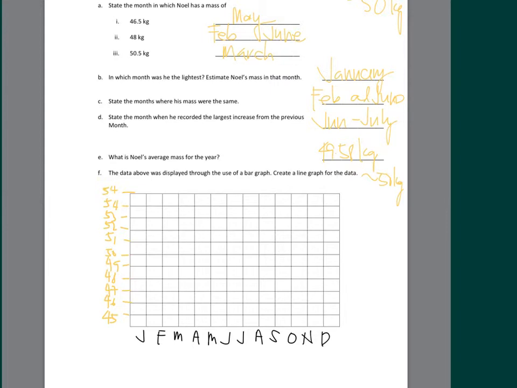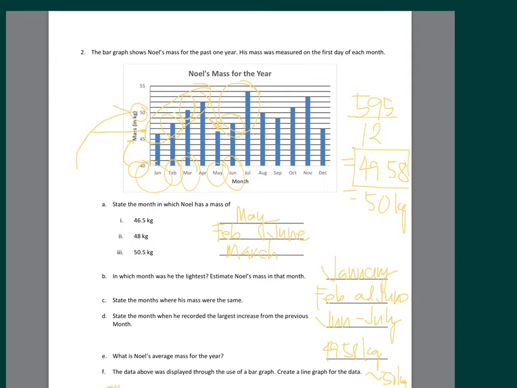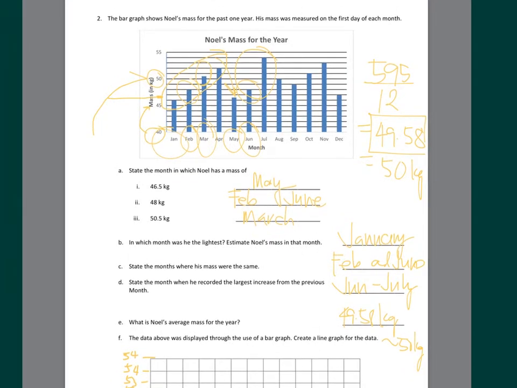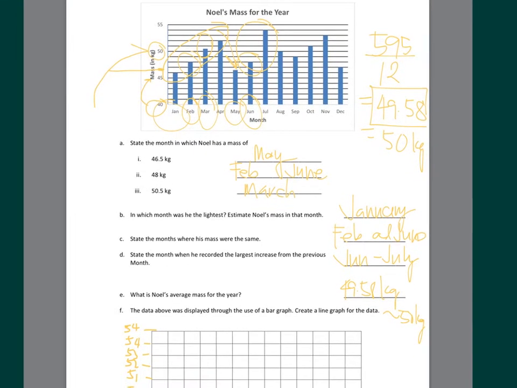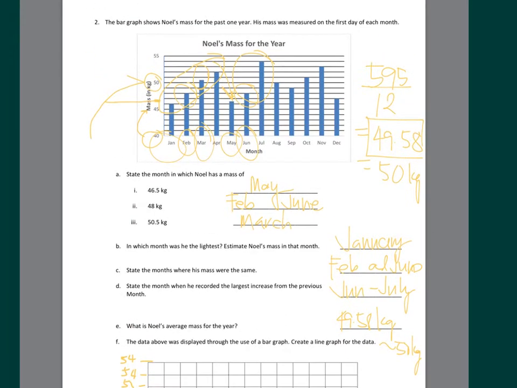For January we have 46, so our first point should be located here. Then February, that's 48, so we mark 48 on February. March is about 50.5, somewhere here.